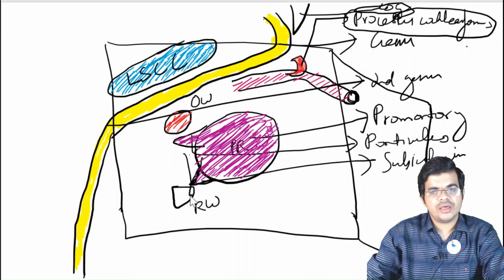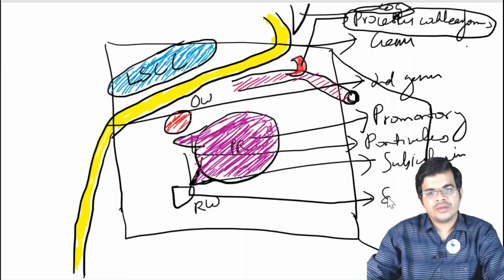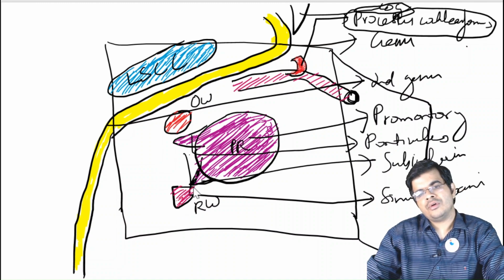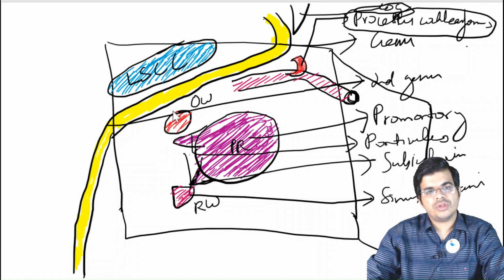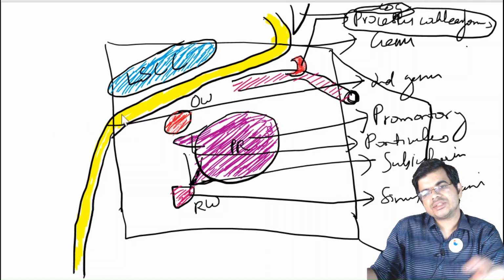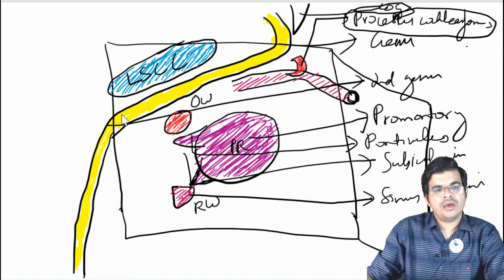So here you have the sinus tympani. Okay, so that's about the oval window and round window. And so these are the various structures in the medial wall of middle ear.